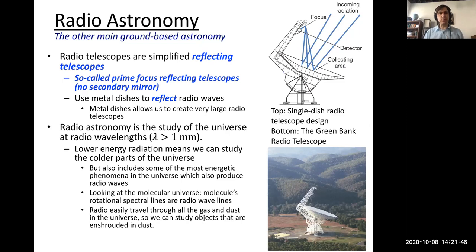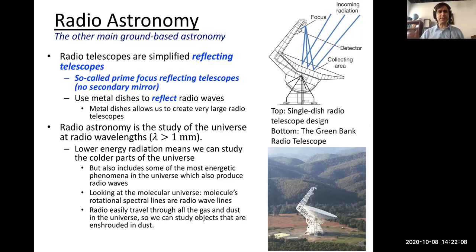And what we're going to do is build a reflecting telescope where our mirror will become a metal dish. Metal is extraordinarily good at reflecting radio waves. So instead of building a glass mirror to reflect visible light waves, we want to build a metal dish to reflect radio waves.